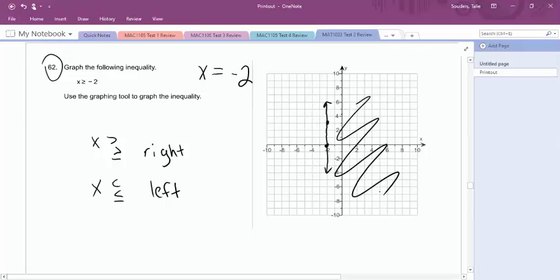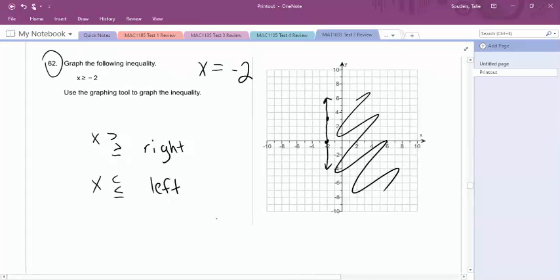Another way to think about it though is you can still plug in 0, 0. It's just not as exciting because you only have an x value to plug it in for, but that's fine. Is 0 greater than or equal to -2? Yes, so you're going to shade the part of the graph that includes 0, 0, which we already did. So that works as well.